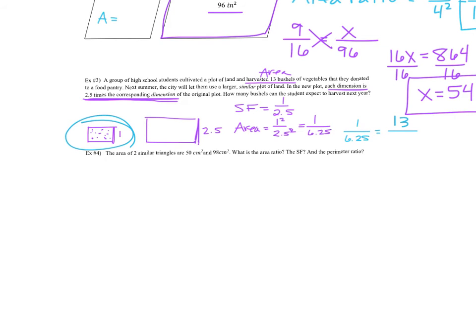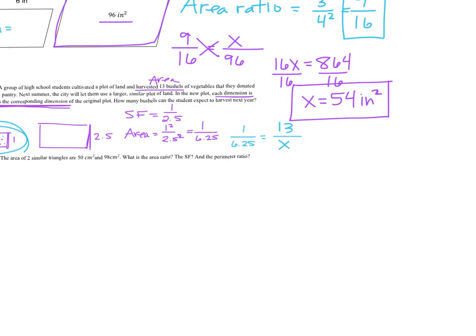So 13 is here, and we say how many for the bigger one. Then you cross multiply it. So when you cross multiply this, 13 times 6.25, you get x is 81.25, and we were harvesting bushels. So we would get about 81 bushels, right? You're not going to harvest a fourth of a bushel. But that's what you would do.